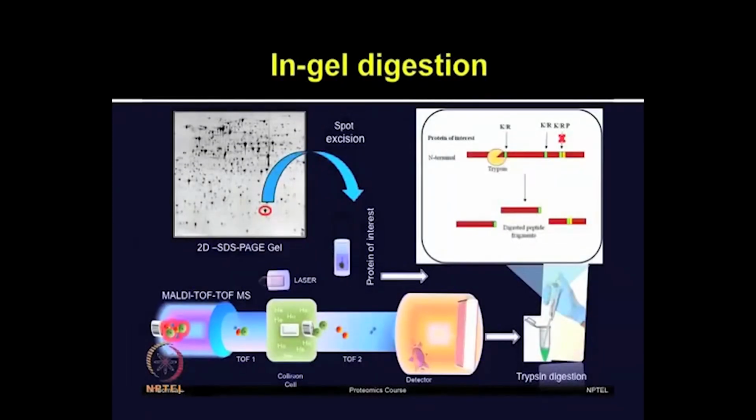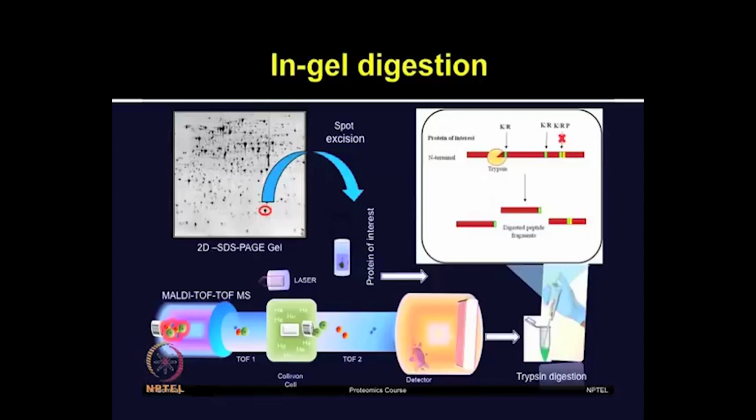This slide gives you an overview. Since in the last module we discussed two-dimensional gel electrophoresis, it shows that if you have a spot of interest, you can excise that spot from the 2D gel and then subject that to in-gel digestion followed by the mass spectrometric analysis.